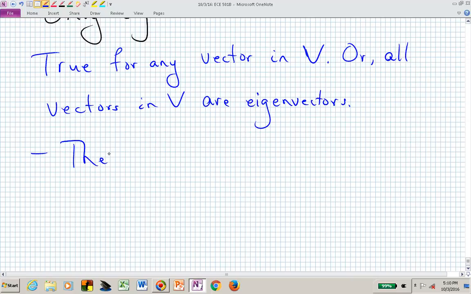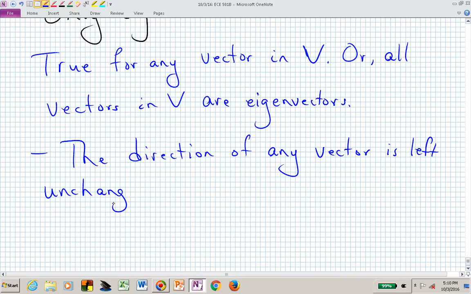And that really says that the direction of any vector that we start with gets left unchanged when all we're doing is scaling it by A. The direction of any vector is left unchanged by application of this linear map T, or linear operator T, equaling AI.